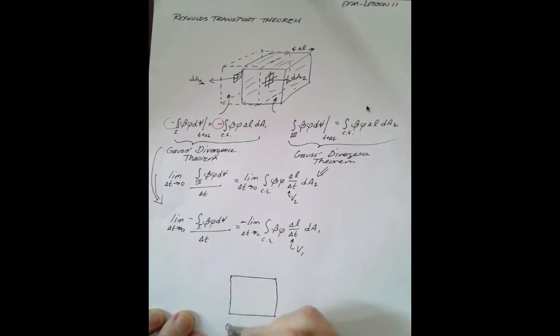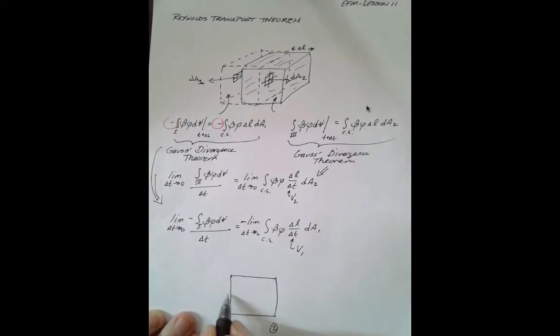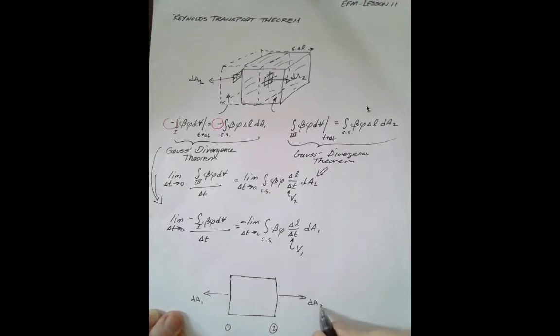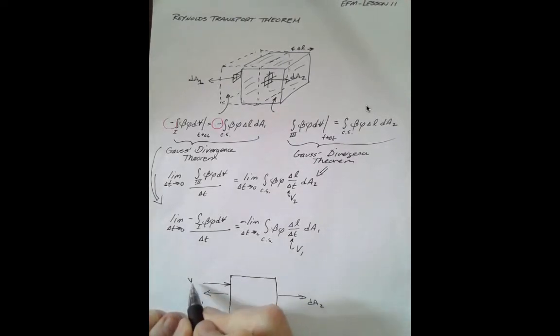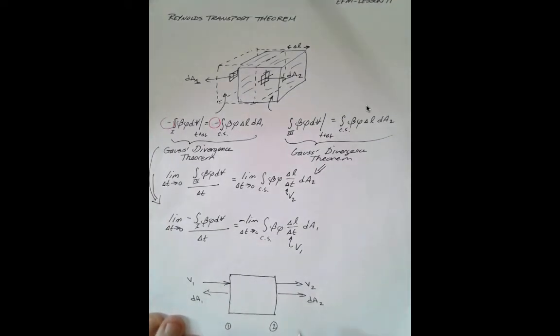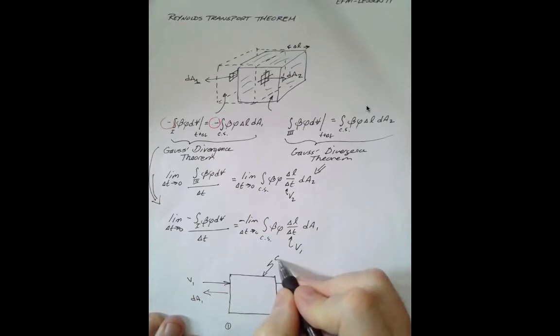Left face I've labeled as 1, right face I've labeled as 2 to be consistent with how I set things up. And what I see in the left face is an outward pointing area vector, dA sub 1. Right face, an outward pointing area vector, dA sub 2. I see the velocity at 1 is this value. It's pointing inward to the object. The velocity of 2 is that vector. It's pointing outward from the object. And this boundary is the control surface.